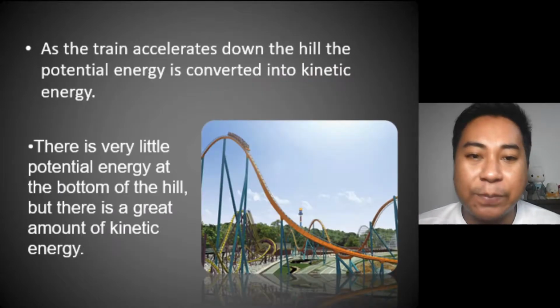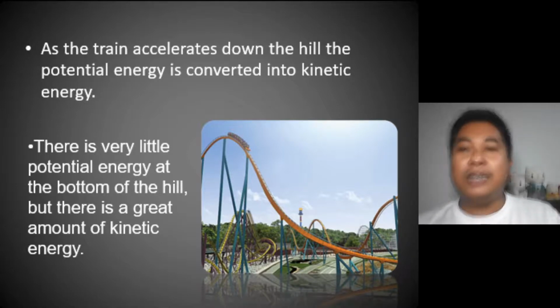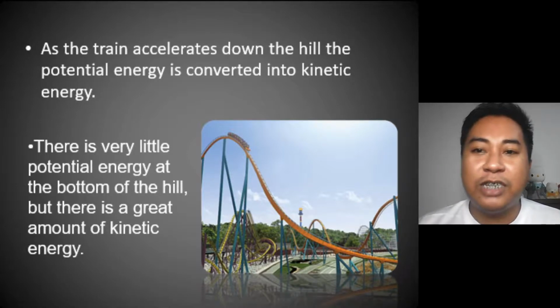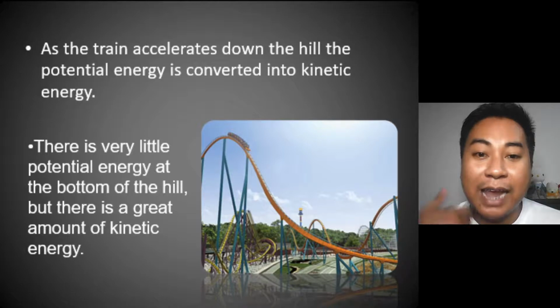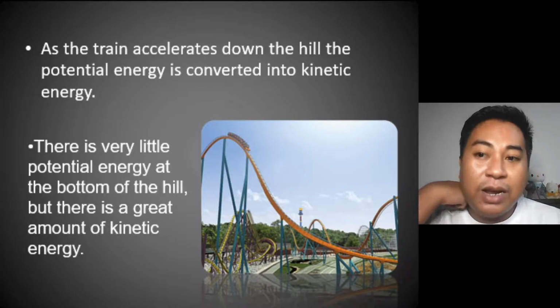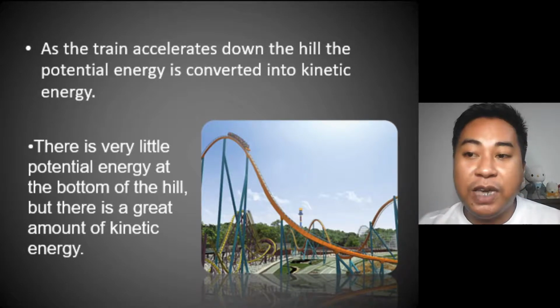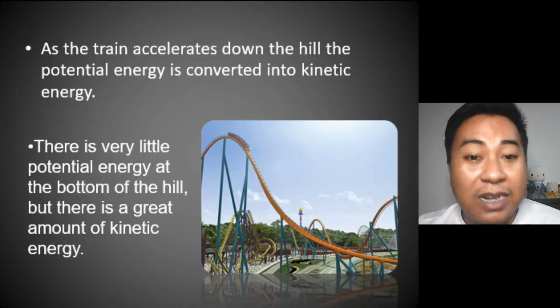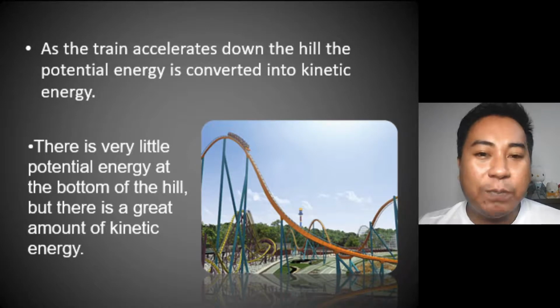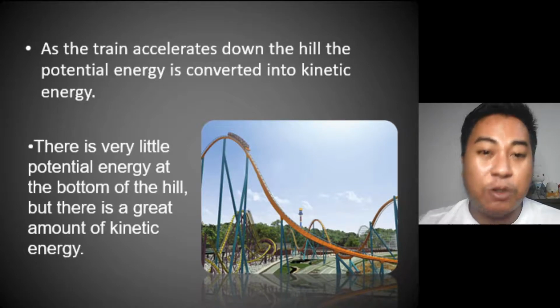Ganun ang nangyayari. Okay. As the train accelerates down the hill, the potential energy is converted into kinetic energy, as what we said earlier. There is very little potential energy at the bottom of the hill, but there is a great amount of kinetic energy. Kanina, sinasabi na potential energy daw is highest kapag nasa top or nasa mataas na portion ang isang object.